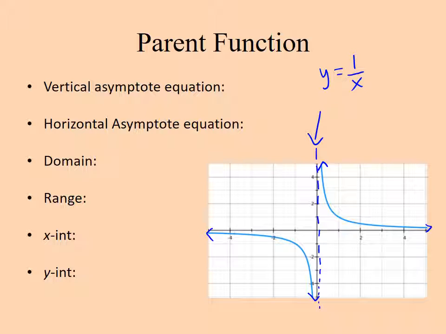That's the equation of the vertical asymptote, which is x equals 0. The horizontal asymptote is y equals 0. In this case, it's the x-axis, y equals 0. Notice as x gets very large or very small, the graph approaches the line y equals 0.